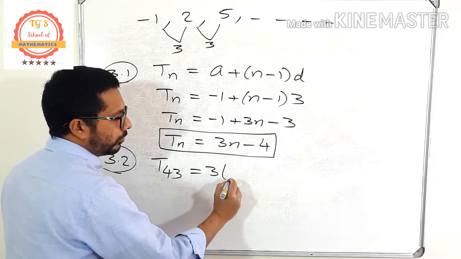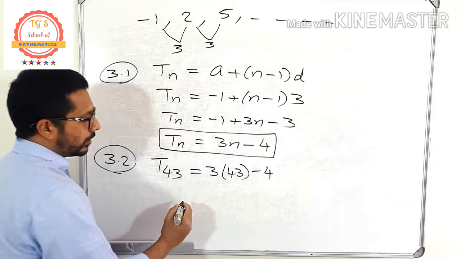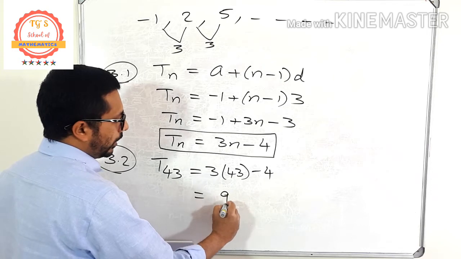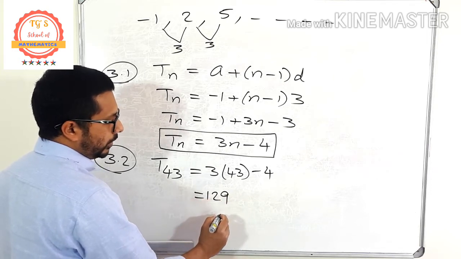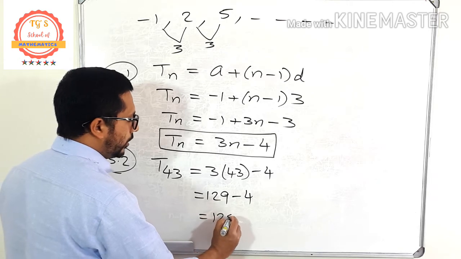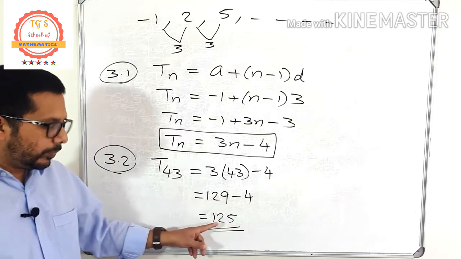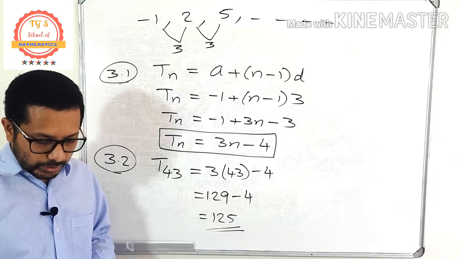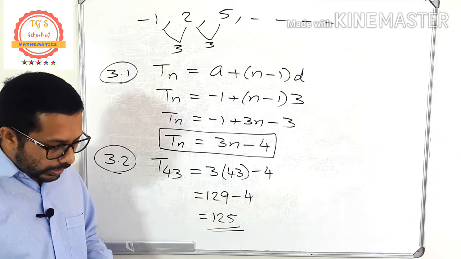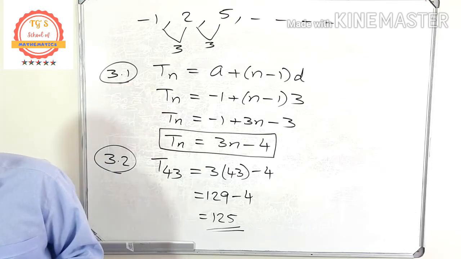So 3 into 43 minus 4. What is 3 into 43? 129 minus 4, that means 125. So the 43rd term is 125. Now let's go to the next question, question number 3.3.